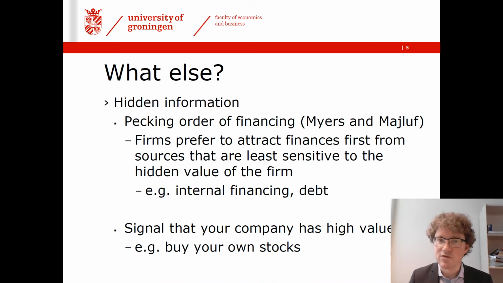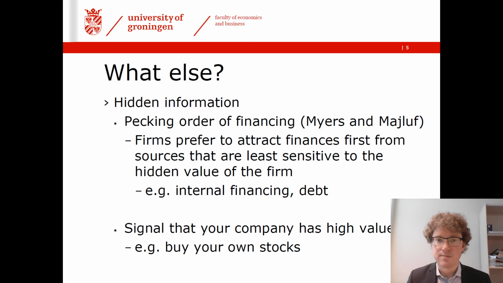Then there might be hidden information. You can also read about this in the paper by Myers that I put in the reading list, the pecking order of financing. It's due to Myers and Majluf. If a firm needs to attract new funding, there turns out to be some sort of preferred order of attracting capital.